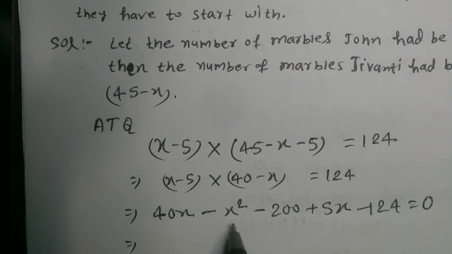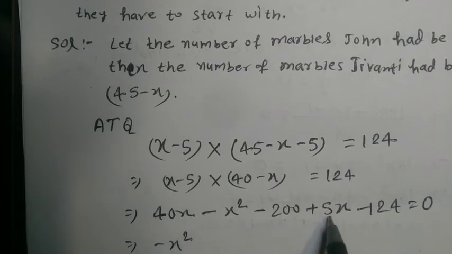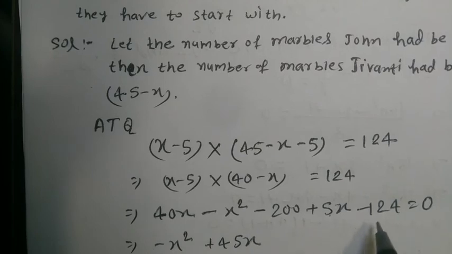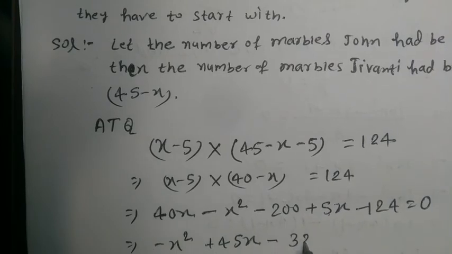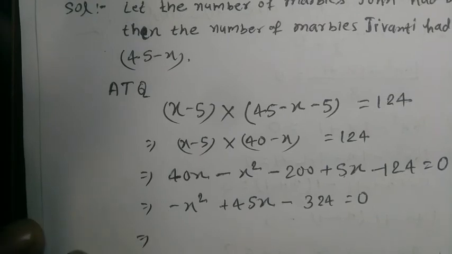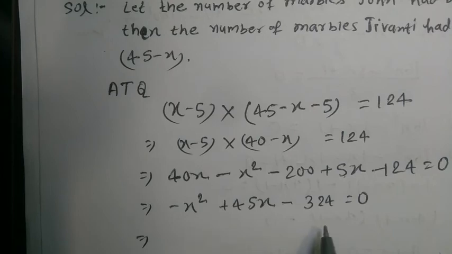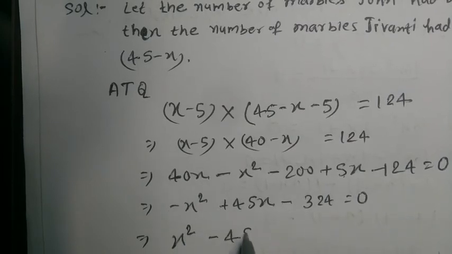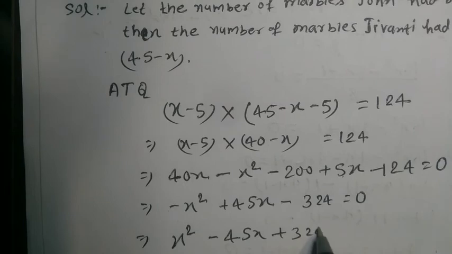Now 40x plus 5x is 45x, minus 200 and minus 124 is minus 324, equal to 0. Okay, now we multiply this equation by minus 1, then we get x square minus 45x plus 324 is equal to 0.